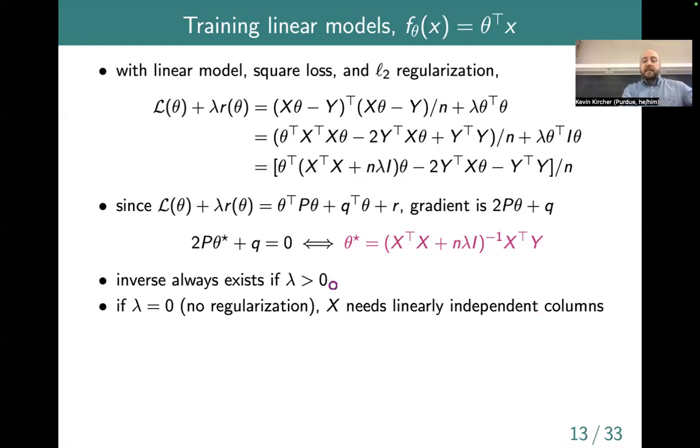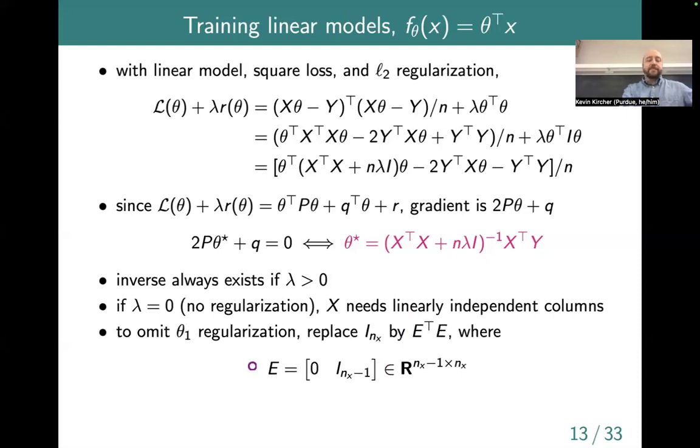If the regularization weight lambda is positive, we're guaranteed that the inverse on the right-hand side always exists. If we are not regularizing at all, however, the inverse is not guaranteed to exist. It depends on the structure of the feature matrix X. Only if this thing is full rank, meaning it has linearly independent columns, are we guaranteed that the inverse exists.